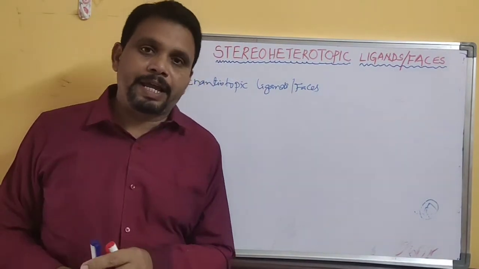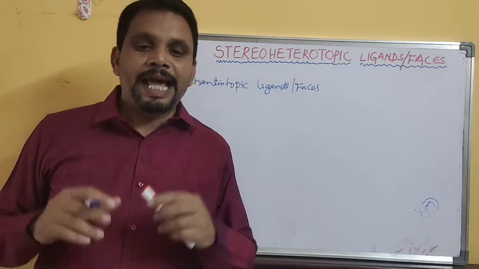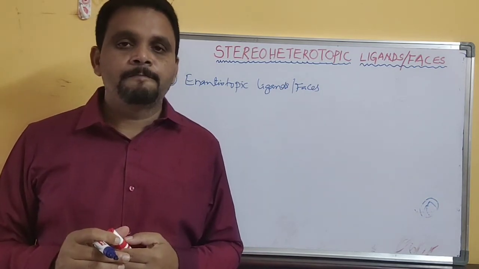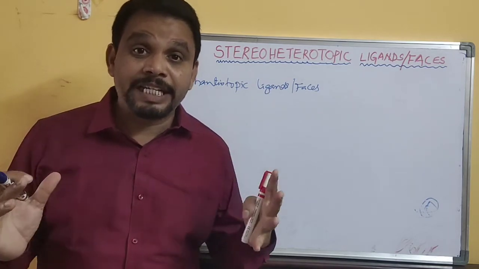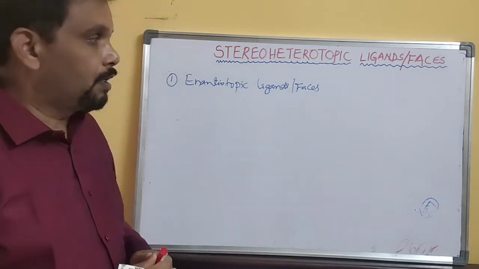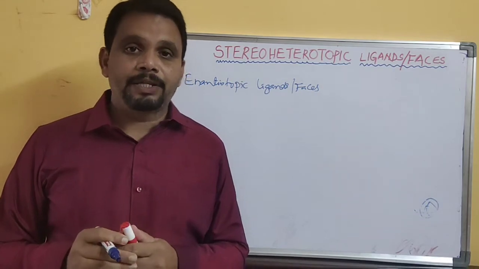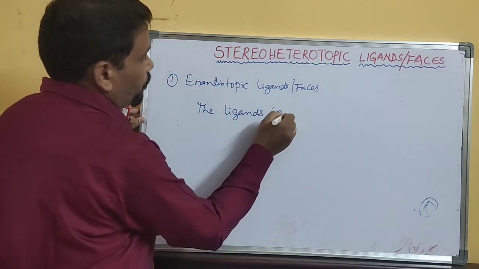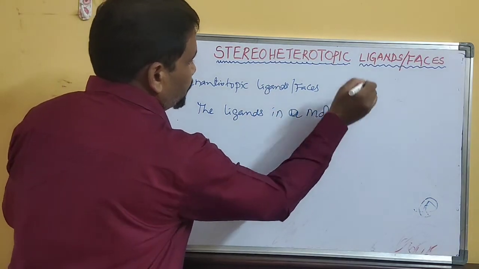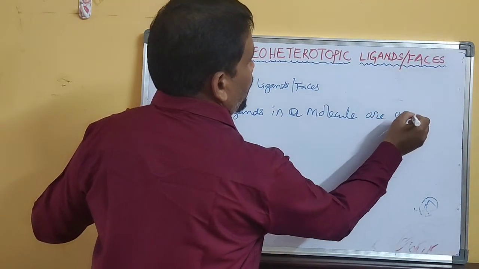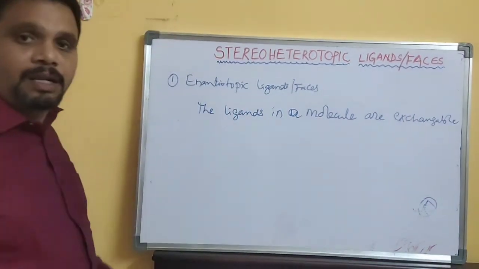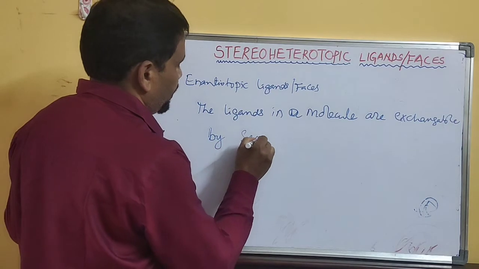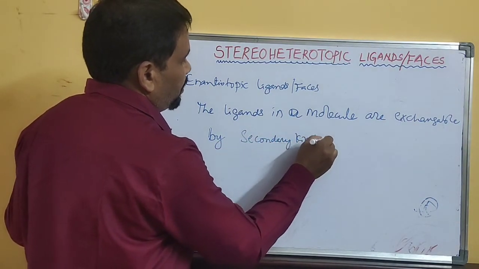So what are enantiotopic ligands? The ligands in a molecule that are exchangeable or interconvertible by the secondary kind of symmetry elements, like center of symmetry, plane of symmetry, or alternating axis of symmetry, are said to be enantiotopic ligands.